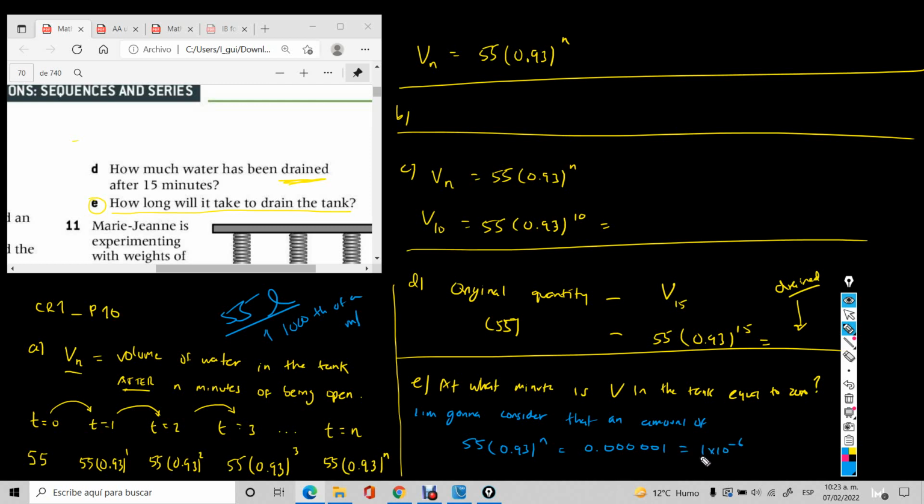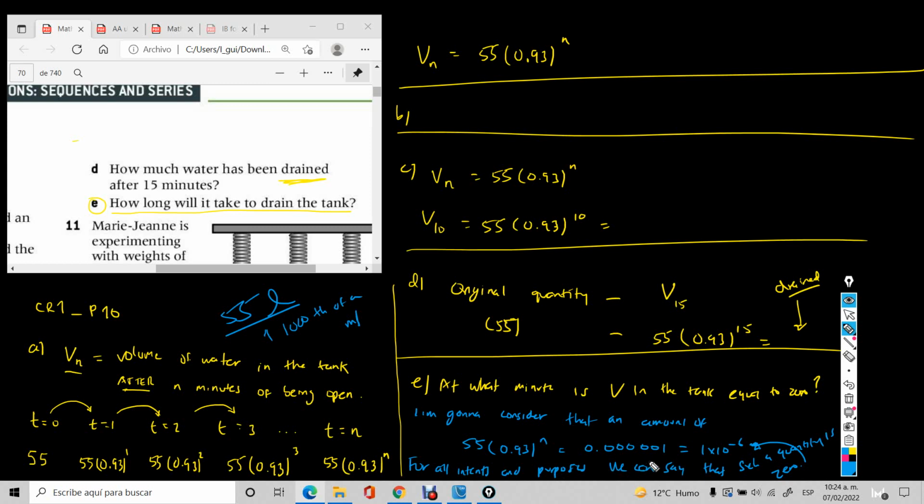So for all intents and purposes, and you should write that down, we can say that such a quantity is 0. This quantity right there. You see? But you have to explain that, guys. You have to make your reader understand what you're doing.